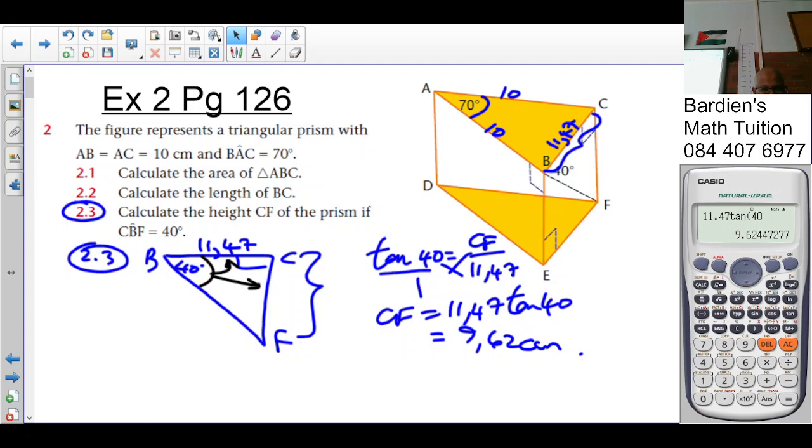Let's look at number 6. So number 4. Let's try number 4 first. Okay, let me give you a chance to do number 4 before I answer it.